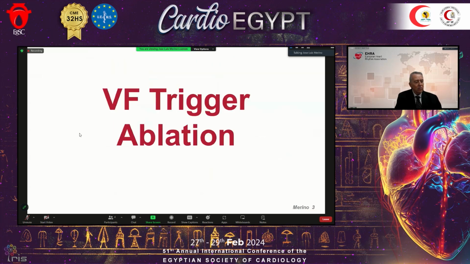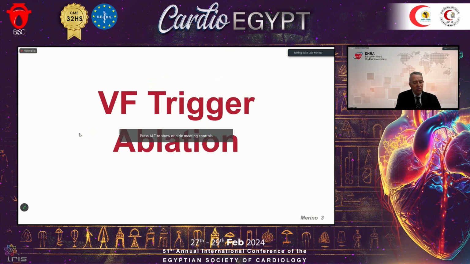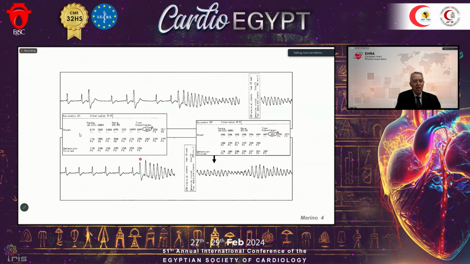Let's start with the initial approach for VF, because VF ablation was initially considered impossible, and the initial attempts to get rid of VF tried to ablate the trigger. This is a clear example: you may have an extrasystole that eventually leads the patient into VF.